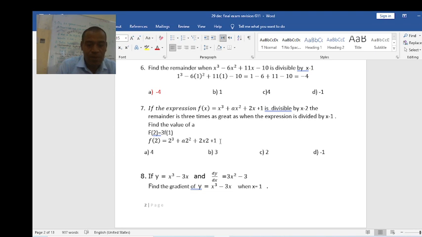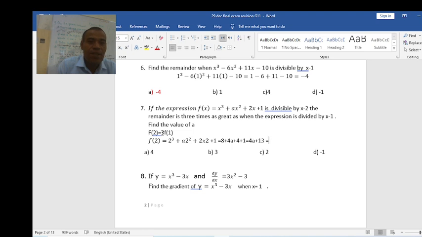This equals 2 to the power 3 is 8, plus 4a, plus 4, plus 1. I can simplify this: it will be 4a plus 13.